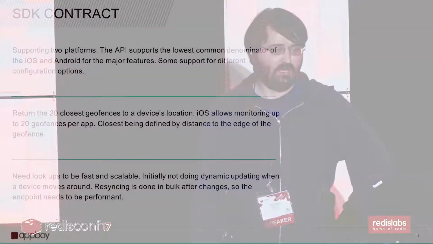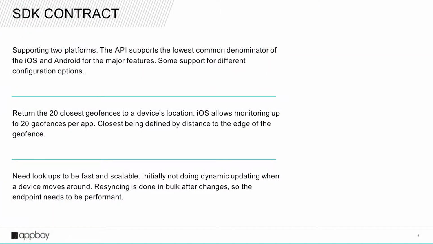So what the API needed to do, it needed to be fast and scalable. We're not looking to do dynamically updating of geofences on a device while a user's moving around. So in my example about Manhattan, there's 30 locations, you're starting in lower Manhattan, you move to upper Manhattan.